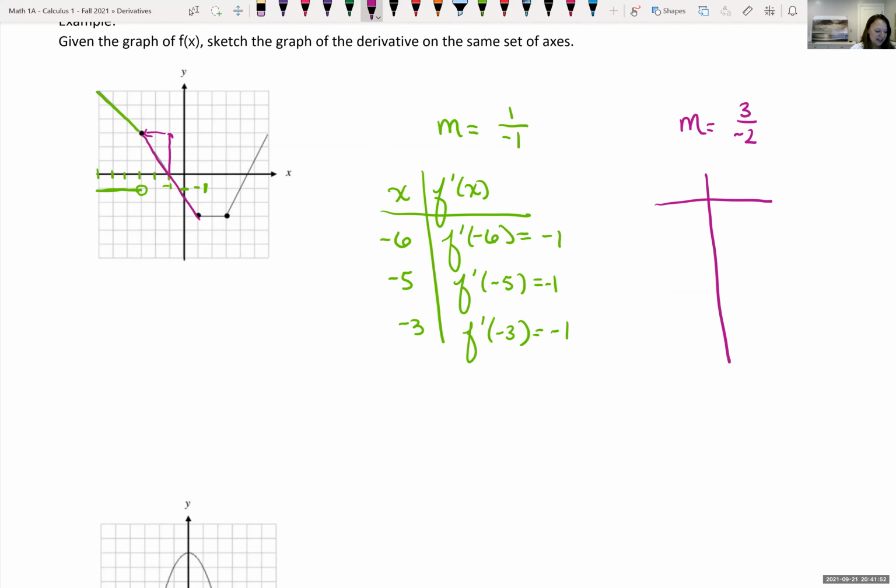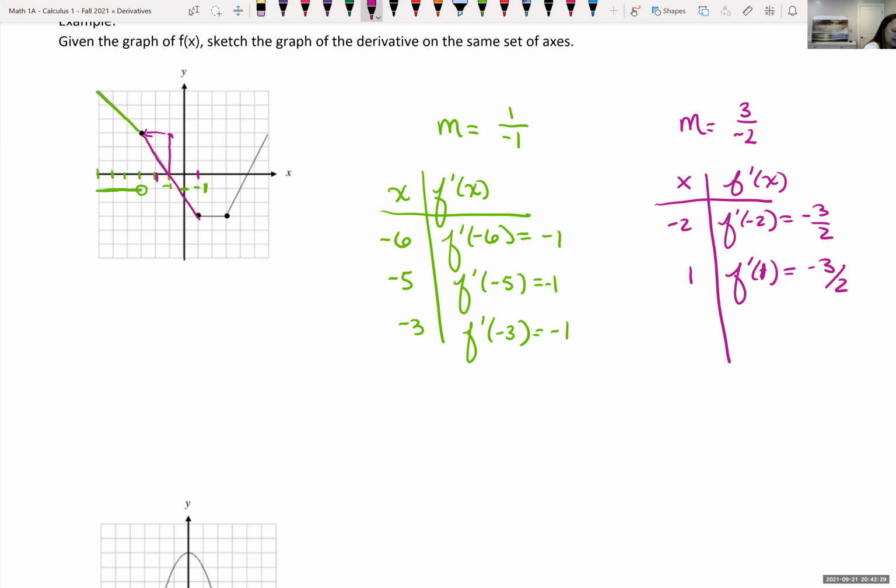Now for these x values, if I chose an x value of, let's say, -2, and plug that into my derivative function, the slope there for my function is, we found, -3/2. And that's going to happen all the way until we get to x equals 1. So at x equals 1, we also have f prime of 1 equals -3/2.